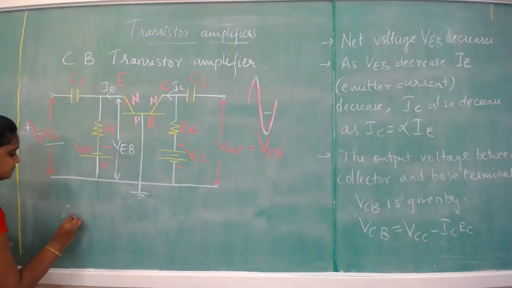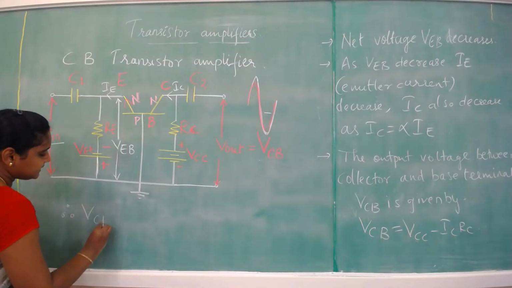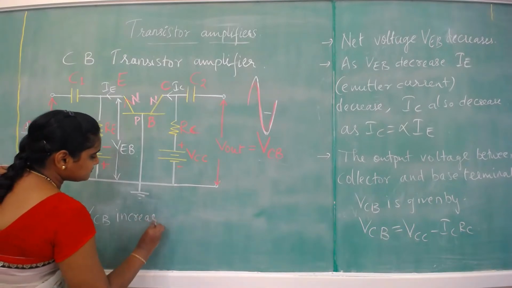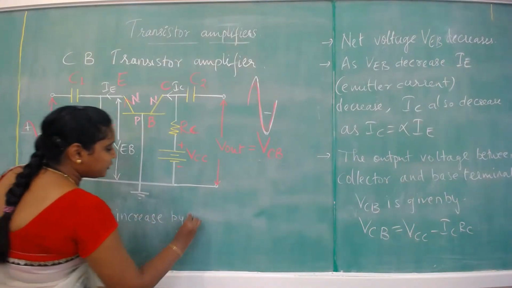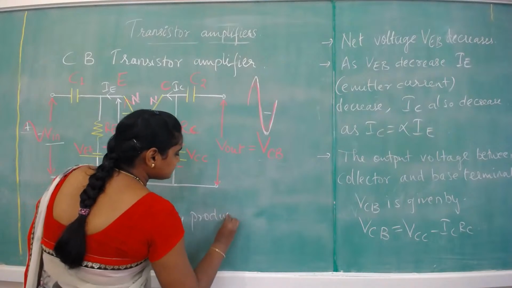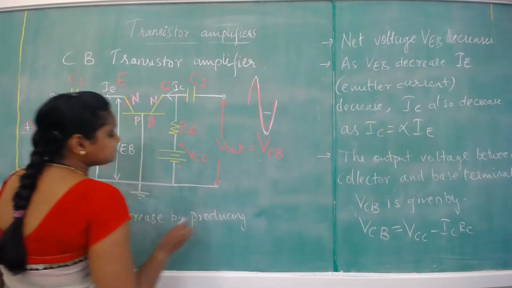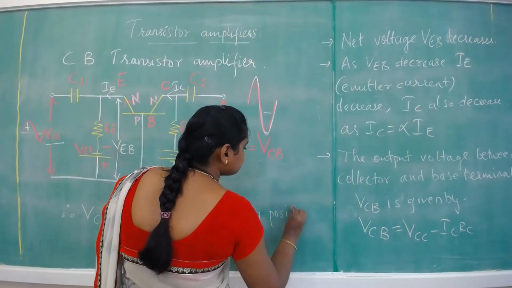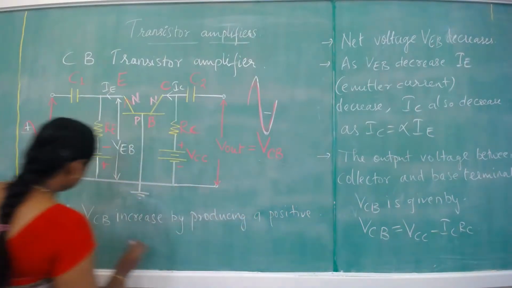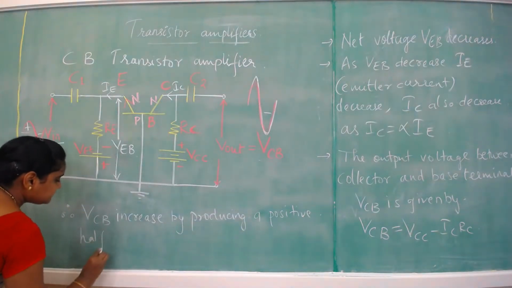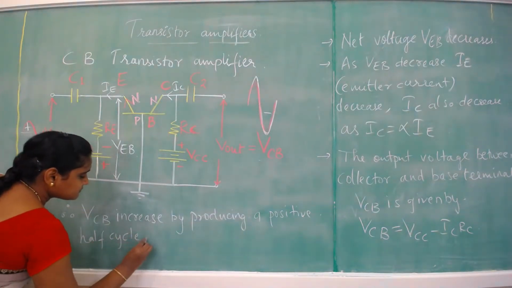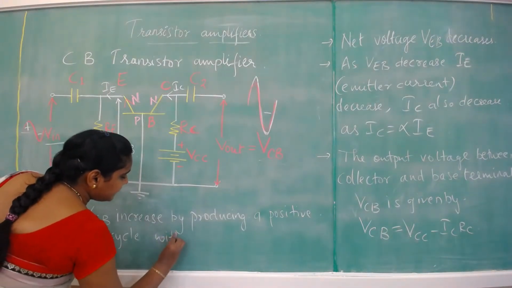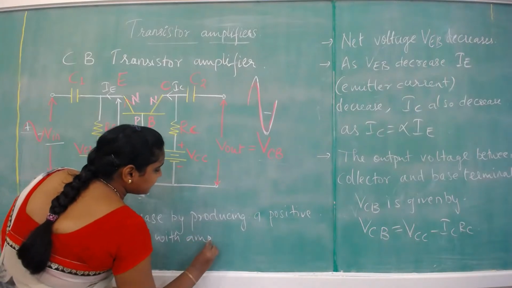Therefore, VCB increases, producing a positive half cycle with amplification, the amplified version of that.